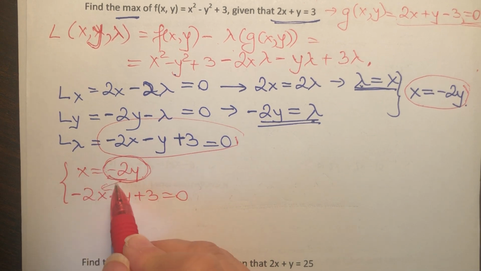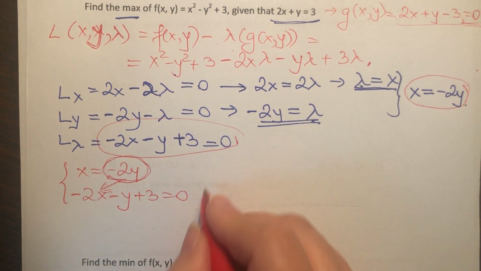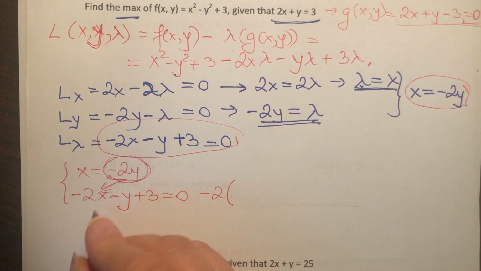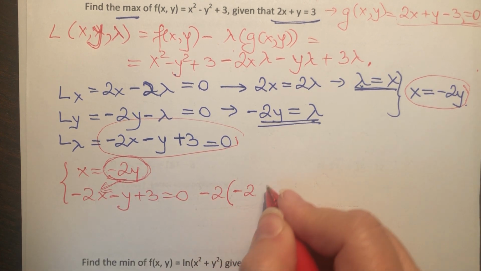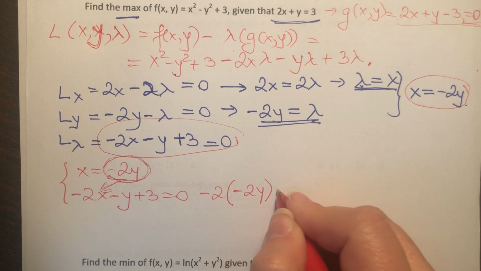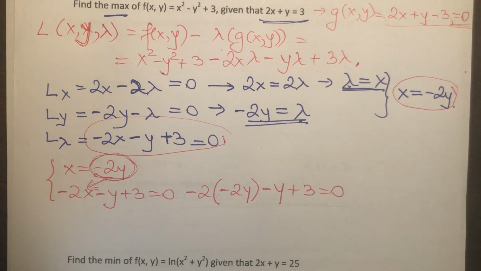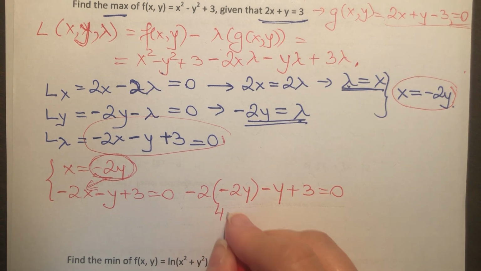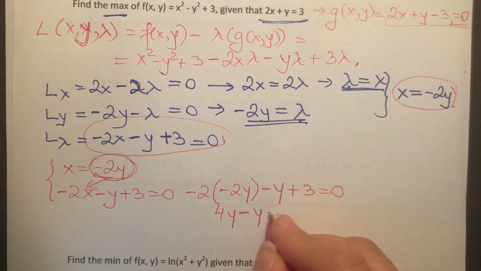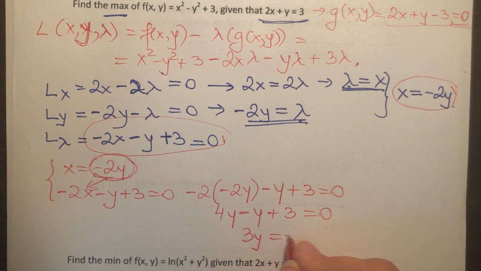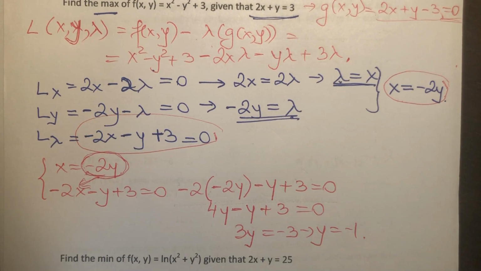Since it's already solved for x, plug it into here. So I get negative 2 times, instead of x, I write negative 2y, minus y plus 3 is 0. So I get that 4y minus y plus 3 is 0. So 3y is equal to negative 3, which means y is negative 1.